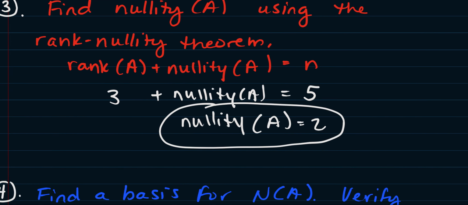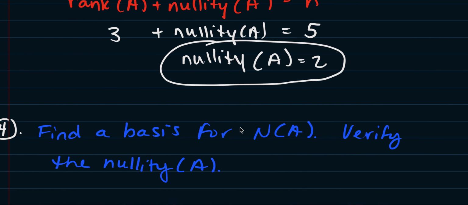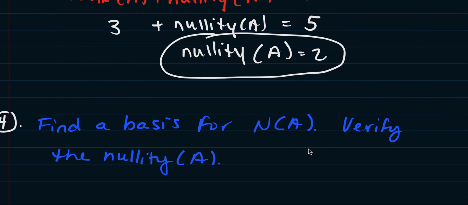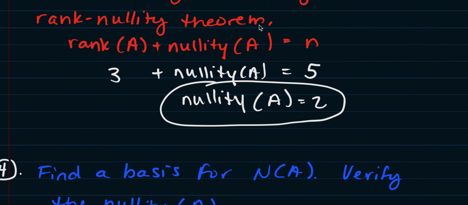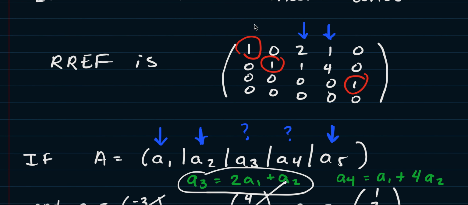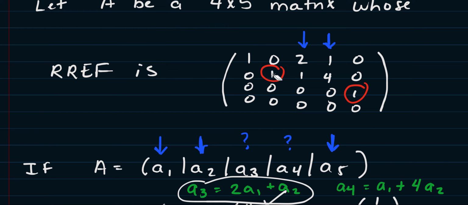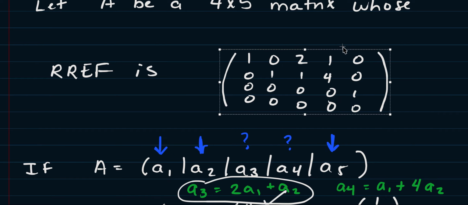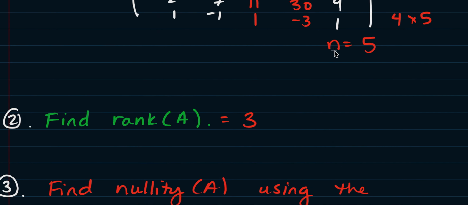Okay? Number 4. Let's find a basis for the null space of A and verify that the nullity is correct. For the null space, we just need to take the reduced row echelon form of the matrix, which is right here. Copy it. Put it down here.